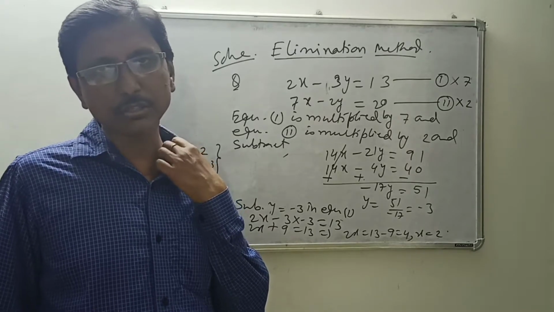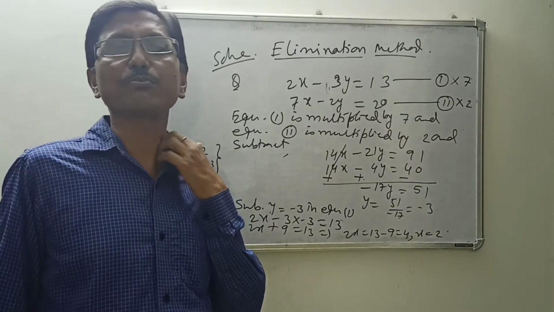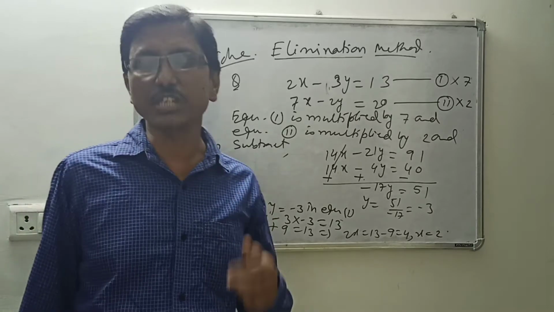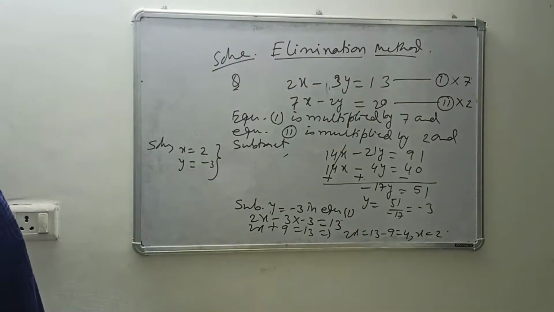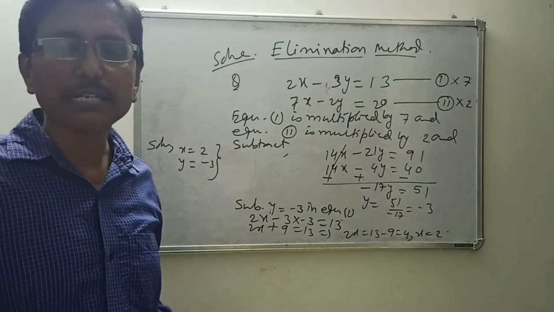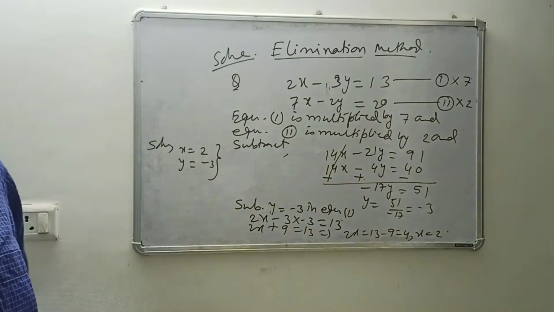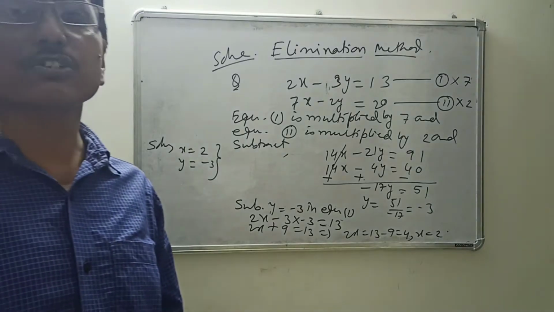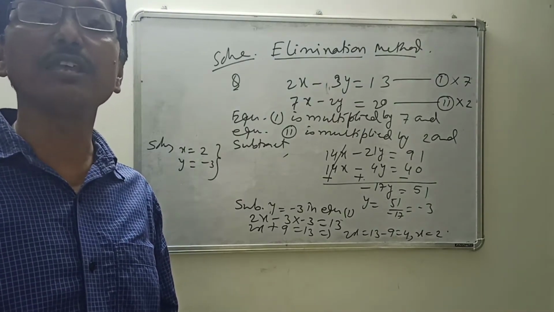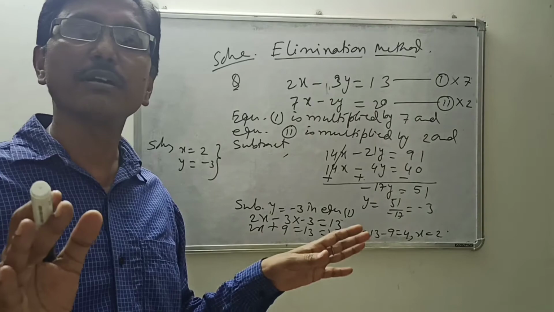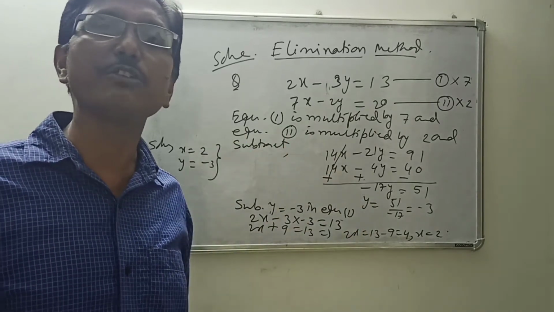Okay, that is the method. Now, various types of questions will come, and some more questions are to be discussed. Suppose x and y are not all in the numerator but in the denominator. If the denominators are numbers, you can take the LCM and simplify.